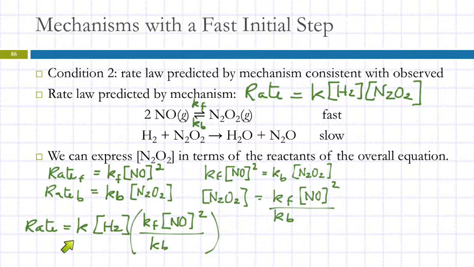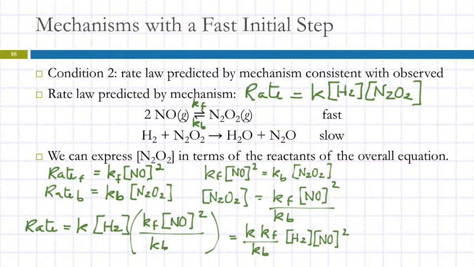So this is kind of a mess. Let's put all these constants together. So this is equal to our first rate constant and the forward rate constant and the backwards rate constant times the hydrogen concentration and the nitrogen monoxide concentration squared. All of these constants are constants, and so we don't really need to distinguish between them.